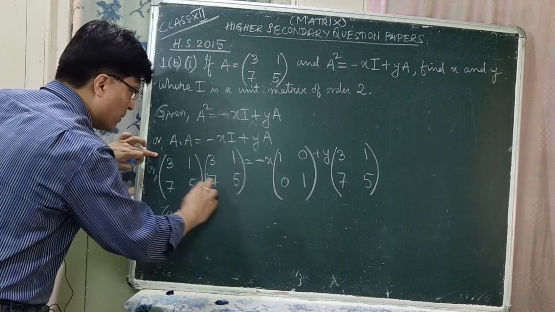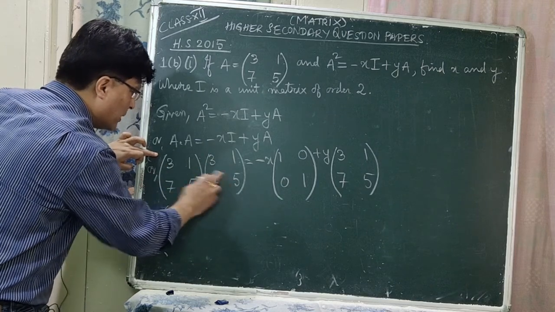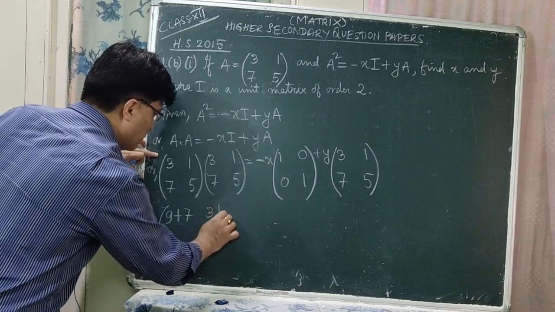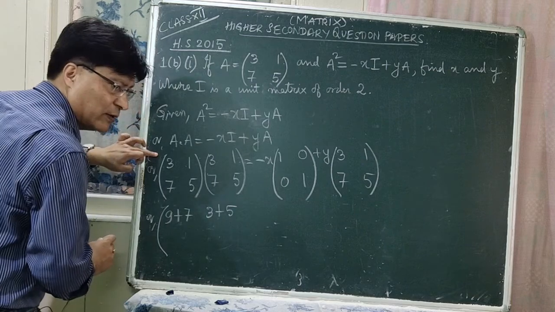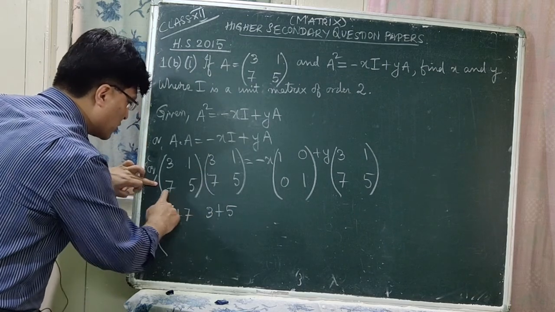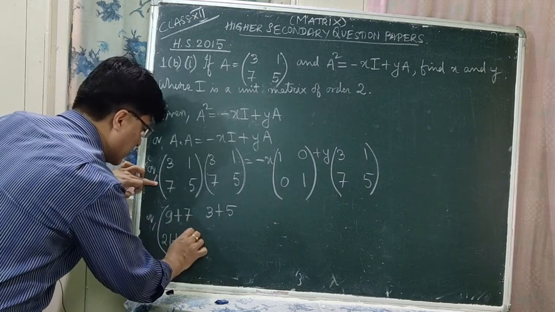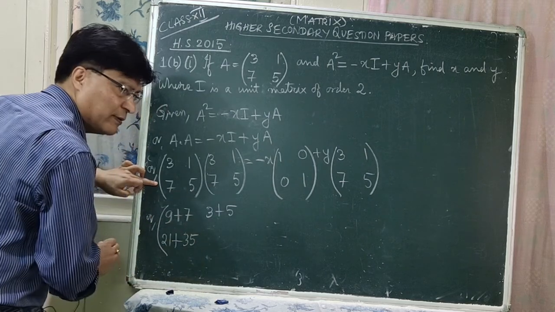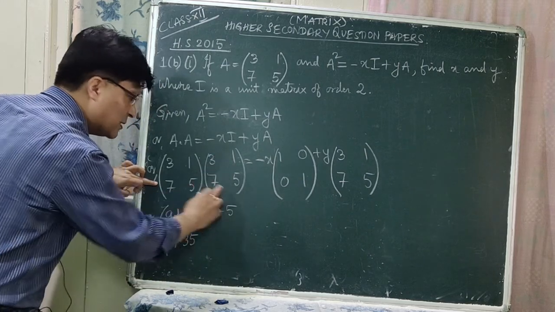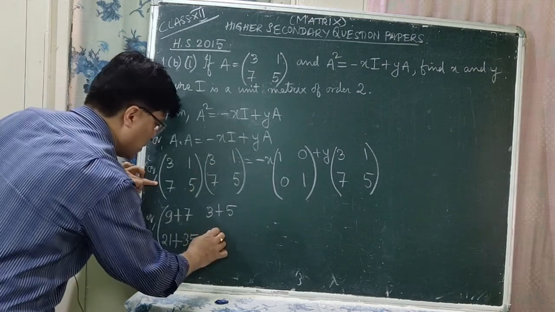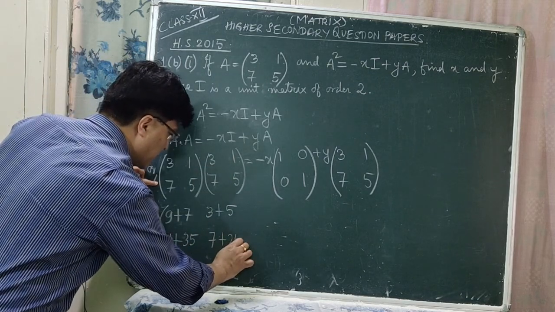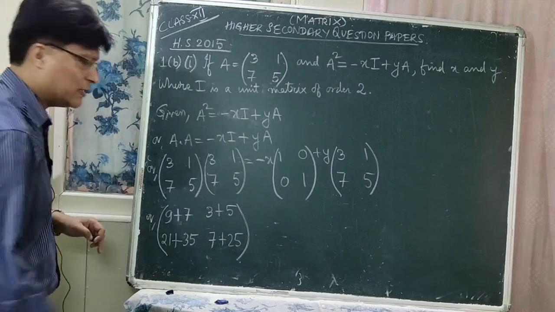Again first row by second column, corresponding elements should be multiplied. 3 1s are 3 plus 1 5s are 5. Now second row by first column, 7 3s are 21 plus 5 7s are 35. Next, second row by second column, 7 1s are 7 plus 5 5s are 25, right?